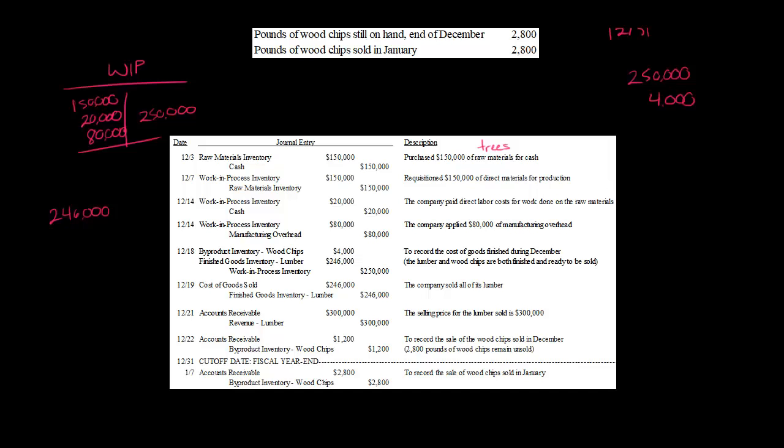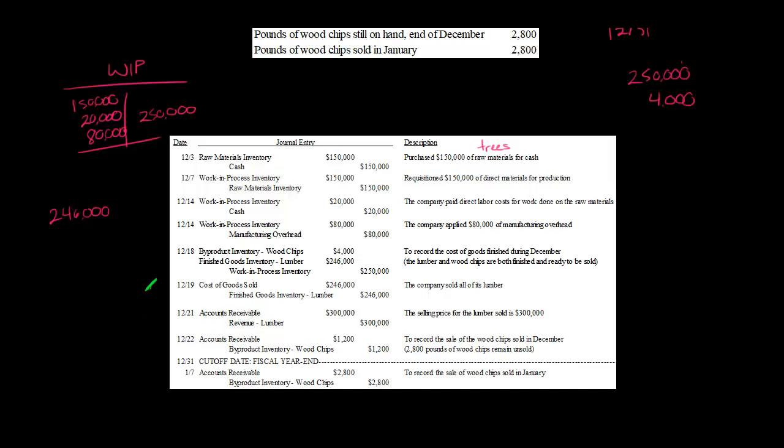So you see the practical effect: when we took the expected selling value of the byproduct and reduced the total manufacturing cost, ultimately that manifests itself in lower cost of goods sold. That's how that plays out in terms of the effect on the income statement of this byproduct under the production method. Now, assume we sell all the lumber, so we credit revenue for lumber, and we debit accounts receivable and so forth.